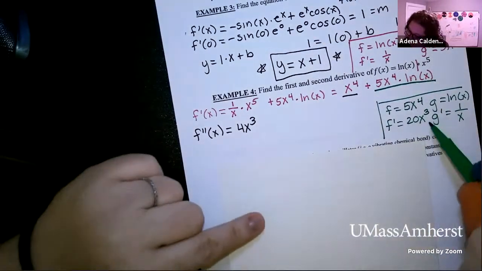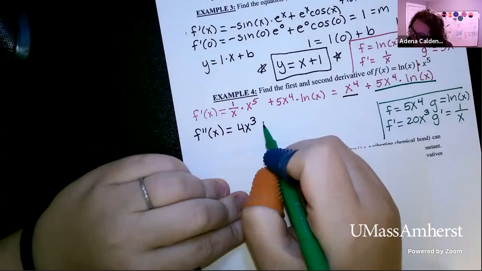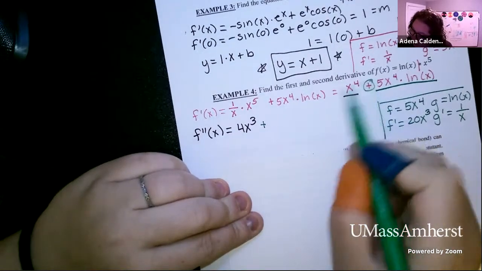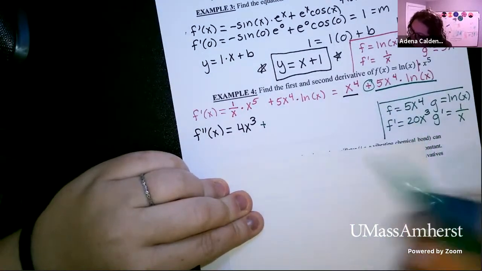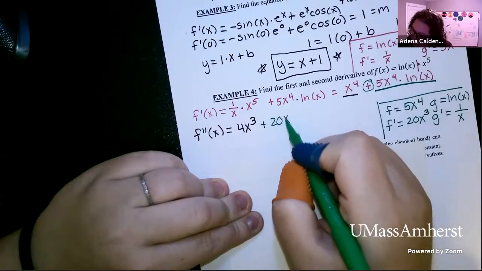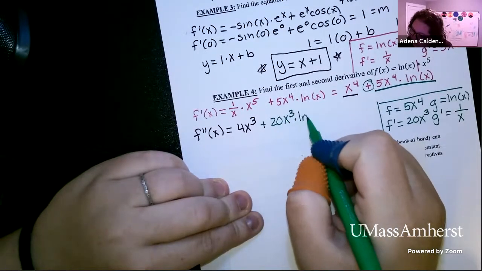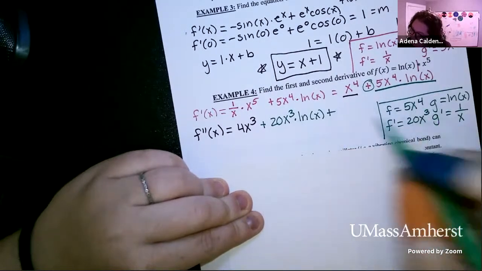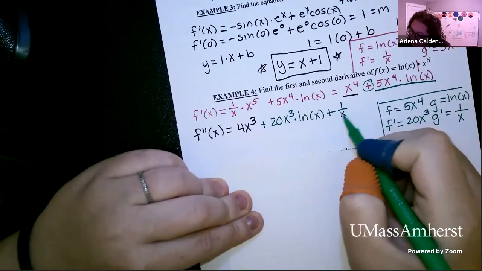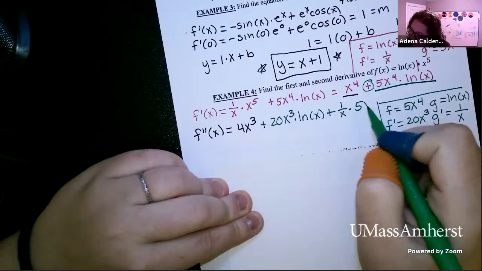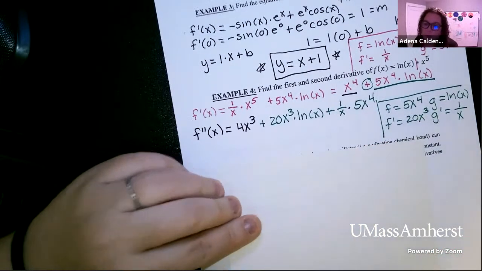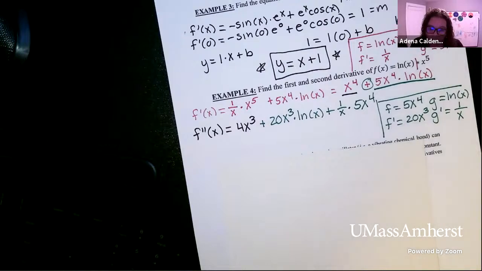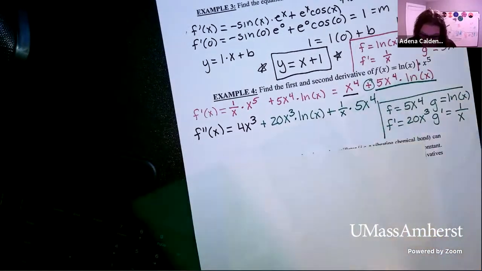So now I have to do f prime times g. So remember, this was a plus in between, so I have plus f prime times g, so 20x cubed times ln x plus g prime times f, so 1 over x times 5x to the 4th. So now that's the derivative of the second term.